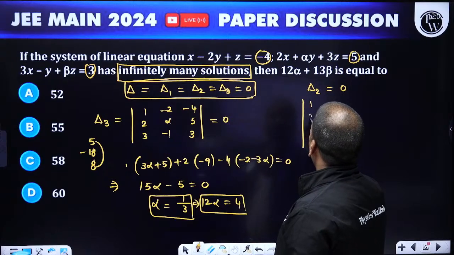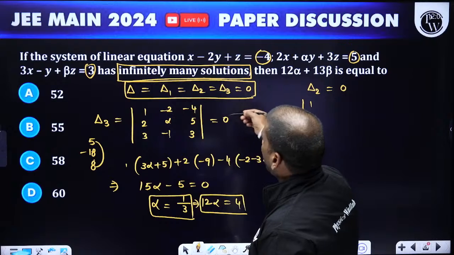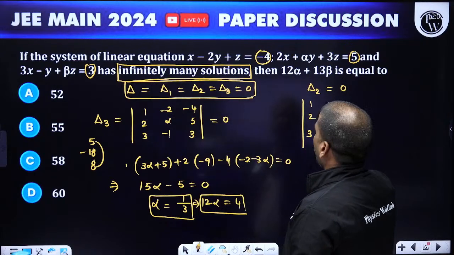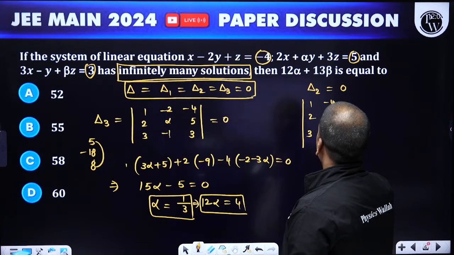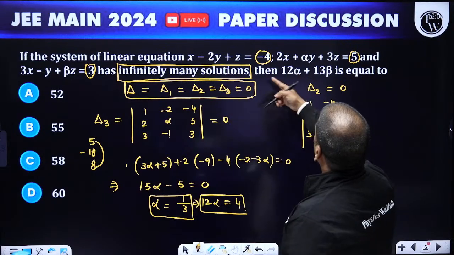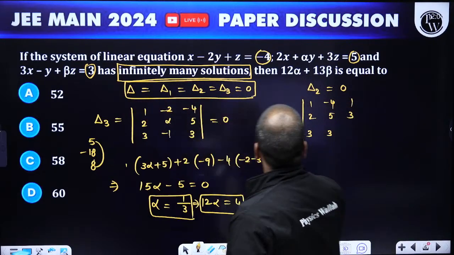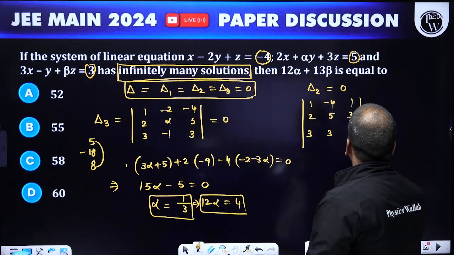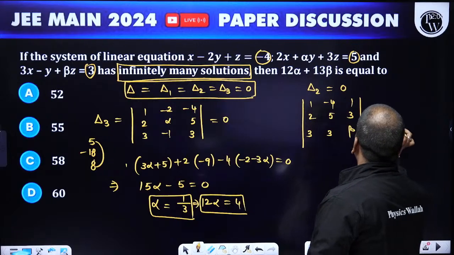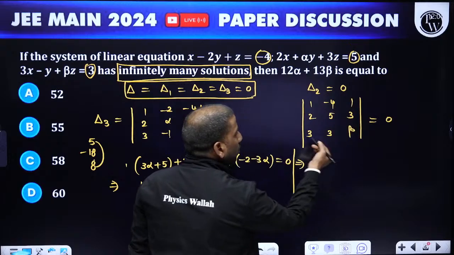Delta 2 means 1, 2, 3; the second column will be replaced by the constant matrix 4, 5, 3; and the third column as it is, 1, with the z coefficient 3 and the z coefficient beta. So you would get beta directly. Now let us expand over the third column, that could be easier.